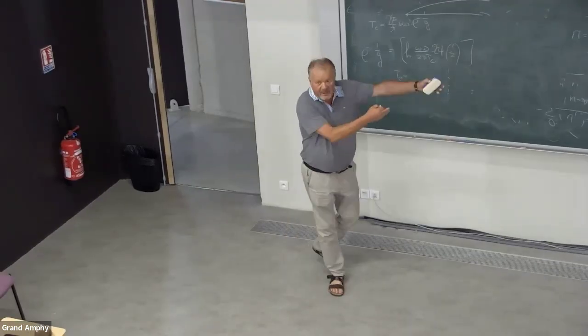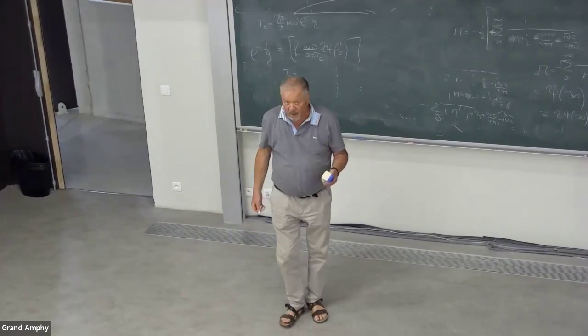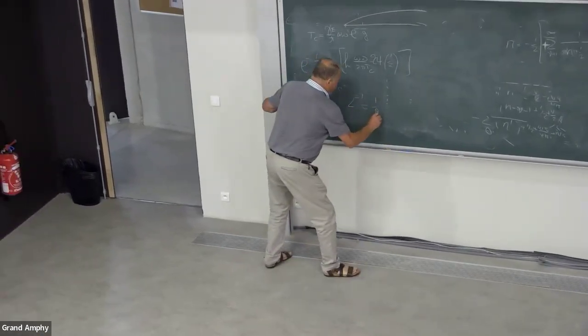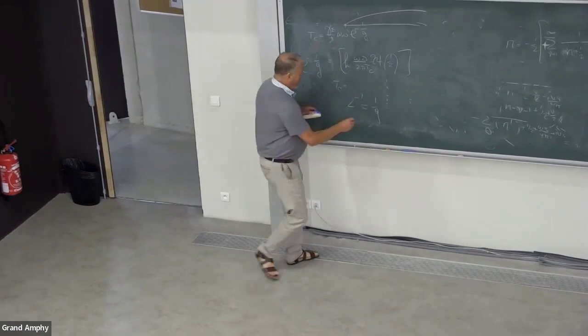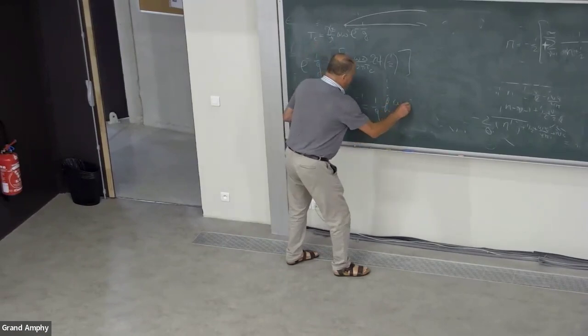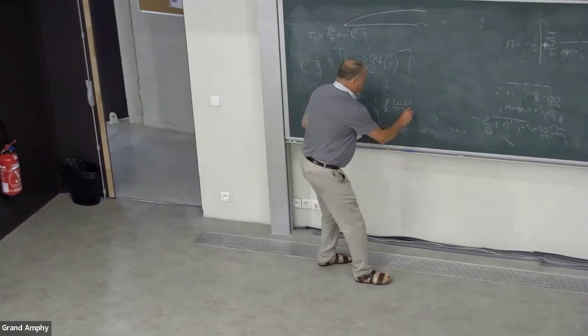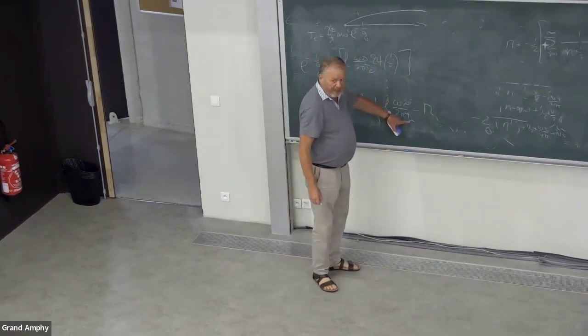But I have more. I did all this suffering to get you something more. So I return that L minus 1 is 1 over G. And now I want that 1 over G is log omega D bar divided by 2 pi Tc, and then minus pi, which will give me this logarithm, but with temperature.